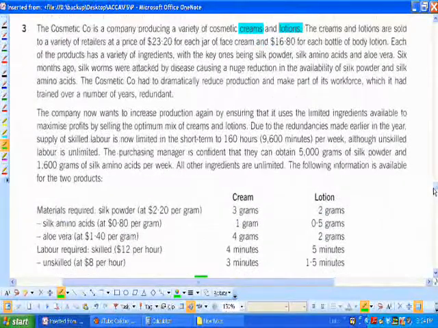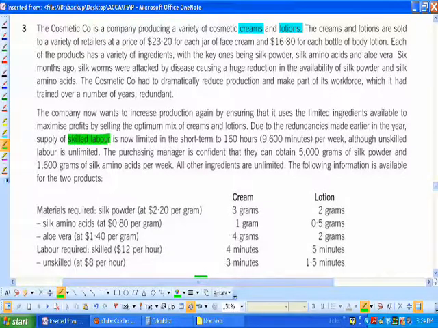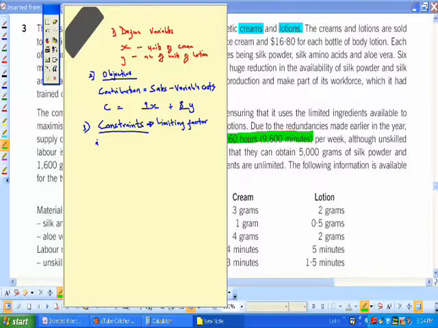So back to the question, paragraph 2. You can see that one of the constraints is that the supply of skilled labor is limited to 9,600. So our first constraint is skilled labor, which is limited to 9,600 minutes.